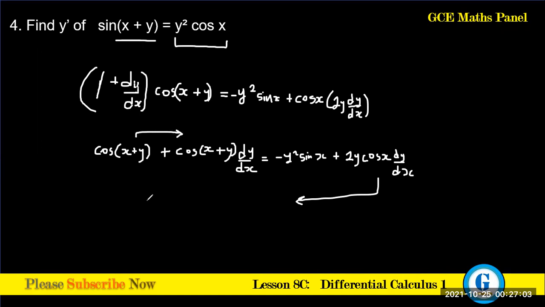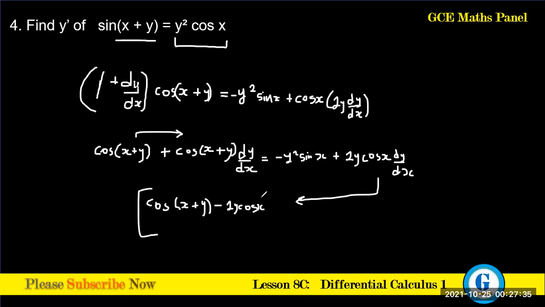So on the left-hand side, we'll be left with cos(x plus y) minus 2y cos x, so we are factorizing, right?